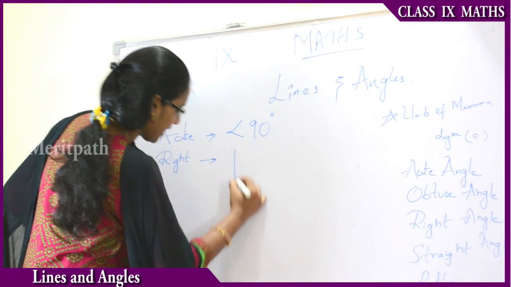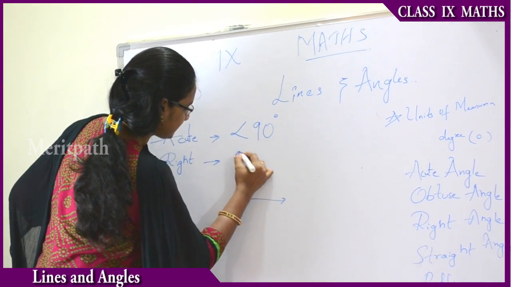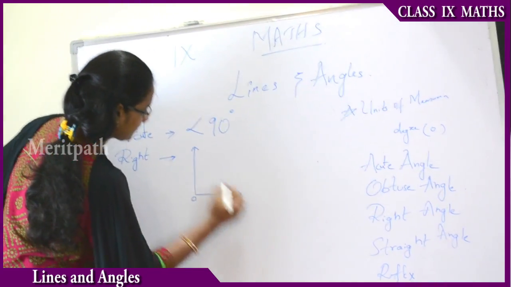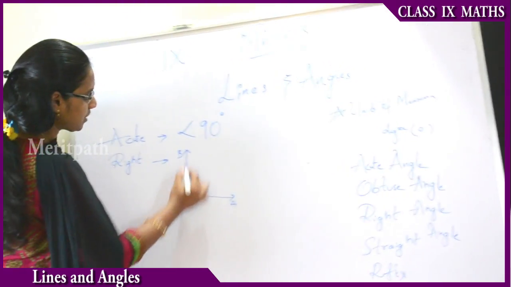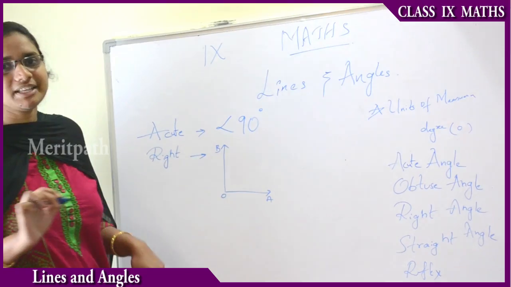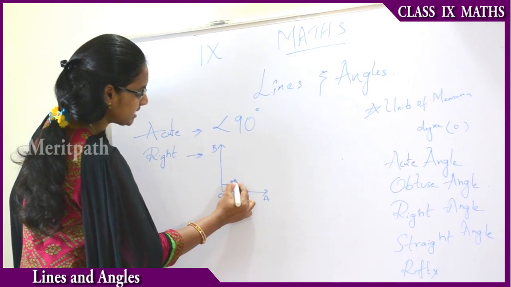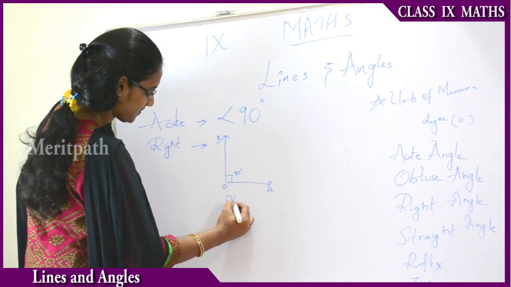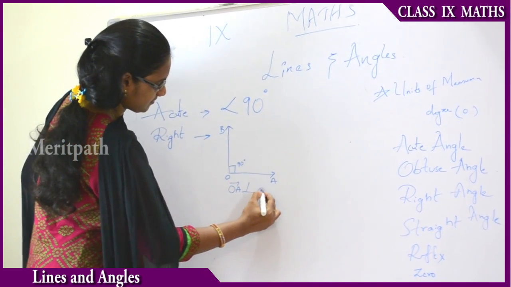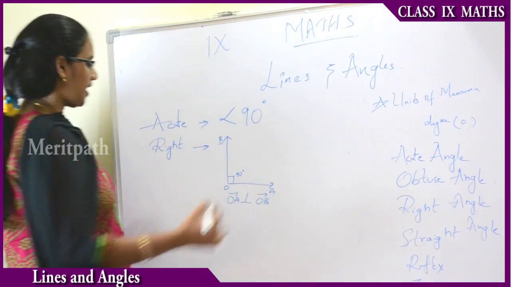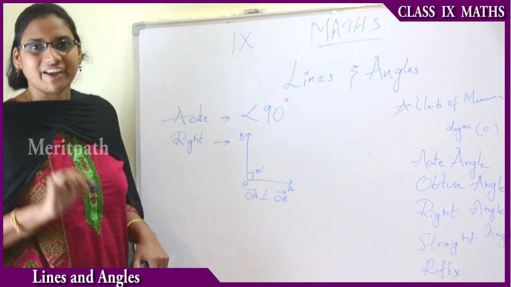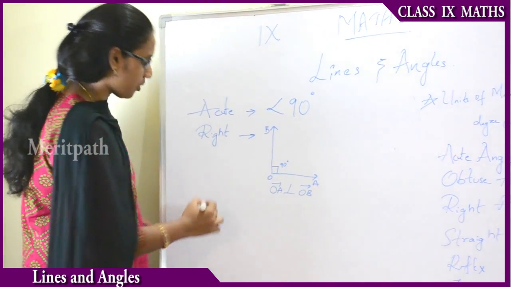That is, the two rays OA and OB are perpendicular to each other. They form an angle of exactly 90 degrees. The angle whose measure is greater than 90 degrees is known as an obtuse angle.